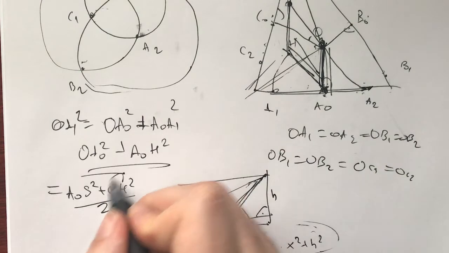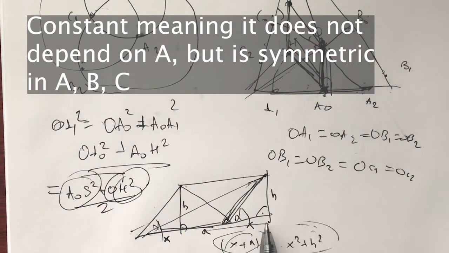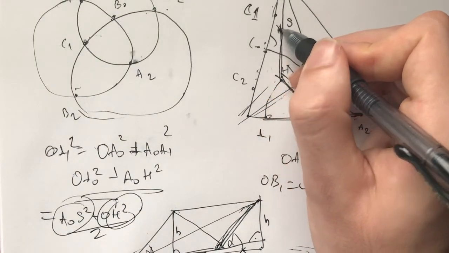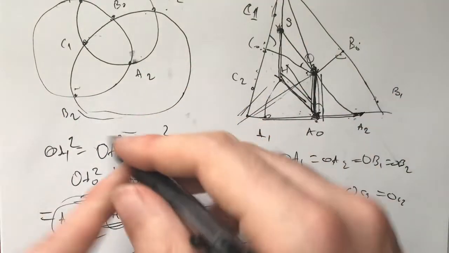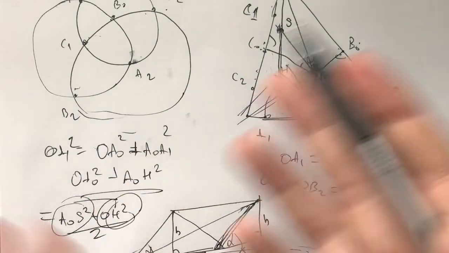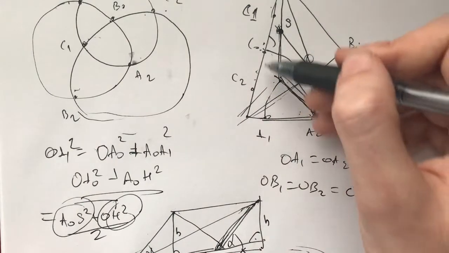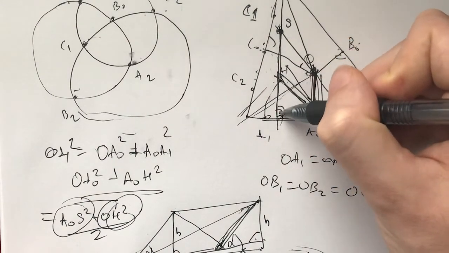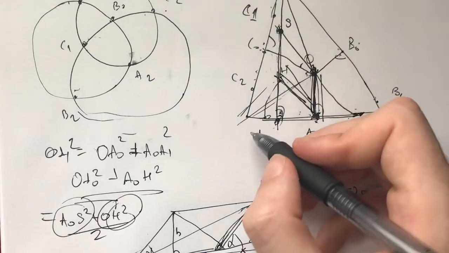And now the thing is, OS squared is a constant, and we need to prove that A0S squared is a constant. But if you know that S, C0, B0, A0 all lie on the same circle, the Euler circle of the triangle, this just goes to show it's useful to know these little tidbits about triangles in general. If you know this, then you know these lie on the same circle, and also the feet of the perpendiculars lie on the same circle as well.